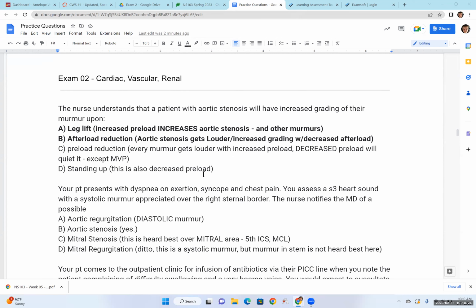Oh, sorry, the crescendo shapes. That's aortic stenosis. Is that systolic or diastolic? It's a systolic murmur. As it's trying to squeeze out, there's not much noise, and at its peak it's going to have a lot of noise. So crescendo, decrescendo, and that's the only one that does that.